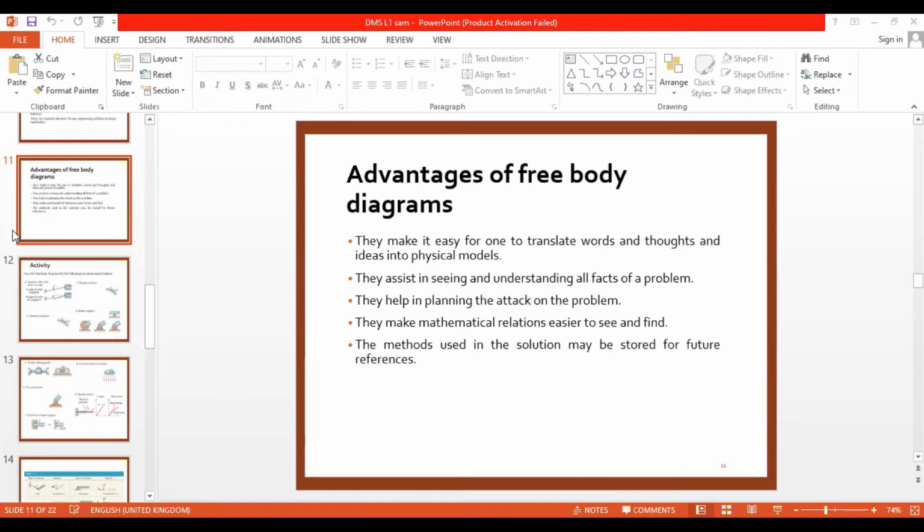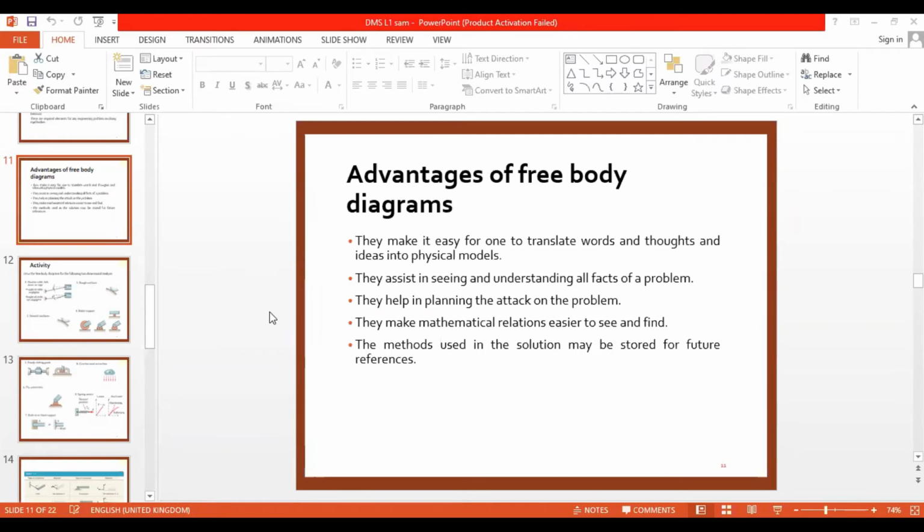Then they make mathematical relations easier to see and find. So when we resolve the forces into horizontal and vertical directions, it is easy if we have it in the diagram, right? Forces won't always act either in a horizontal or vertical position. They may act at angles also. So when we are dividing it into horizontal or vertical components, it is easy if we have it in the diagram, right?